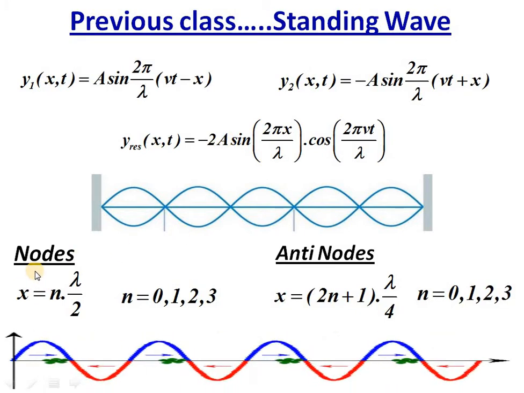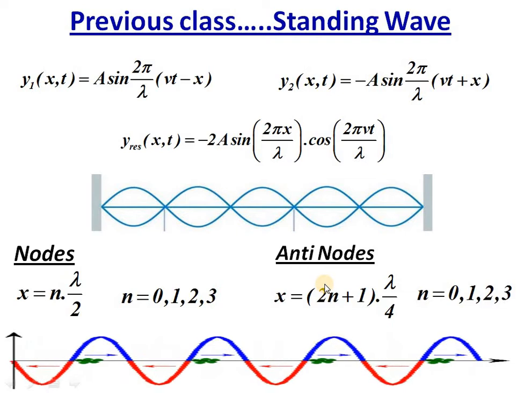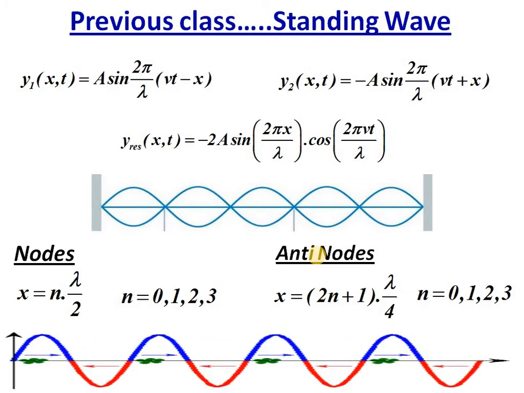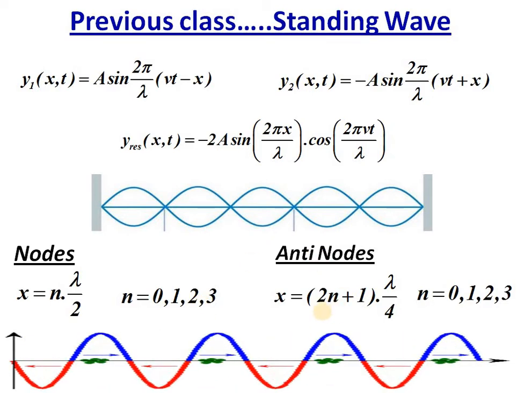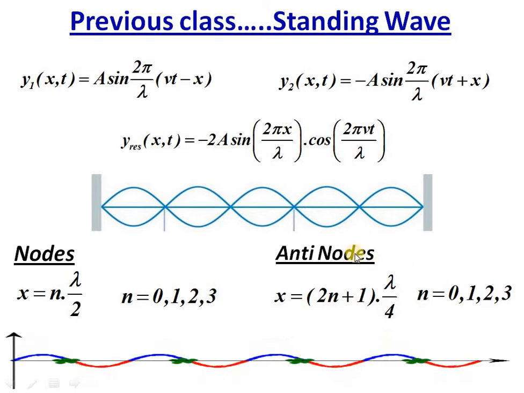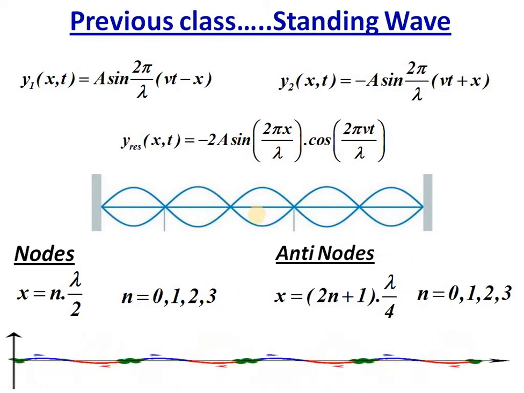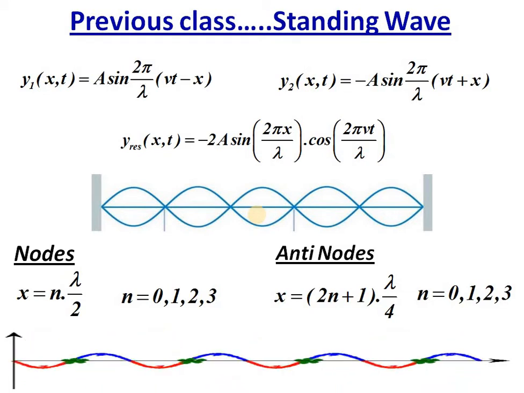Nodes are the points at which waves destructively interfere and amplitude will be 0, and antinodes are the points at which waves constructively interfere, so the displacement will be maximum. We have also seen different applications of standing waves in our day-to-day life.